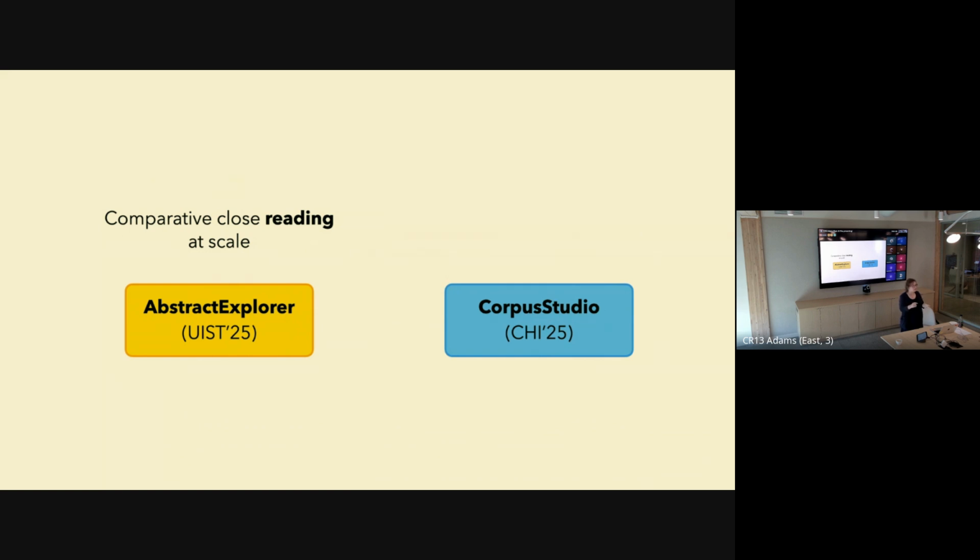You don't have to worry about an LLM introducing any extraneous information or omitting some critical information. It's just the text itself. Not to say that you couldn't bring LLMs into it, and they do play an important role, but this is very important to me. And then the second project is about writing better, being more informed about the corpus that you are trying to contribute to as you write.